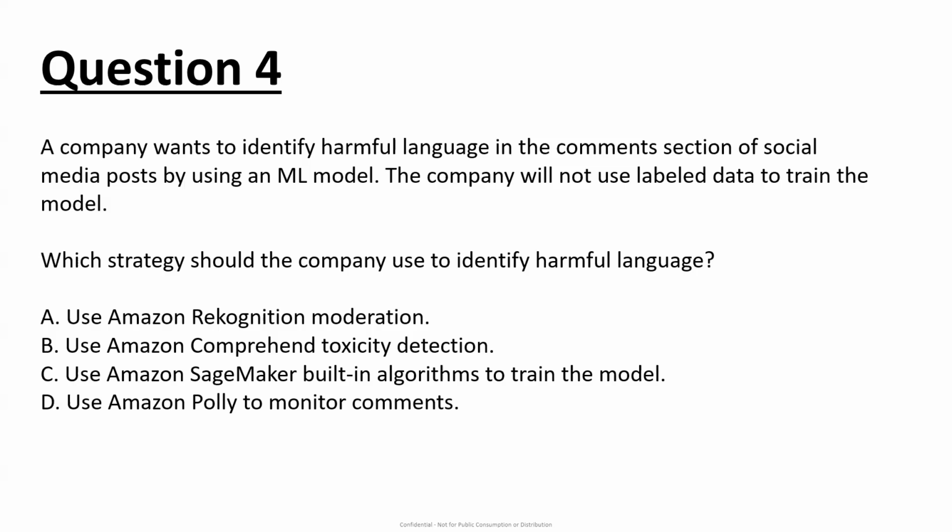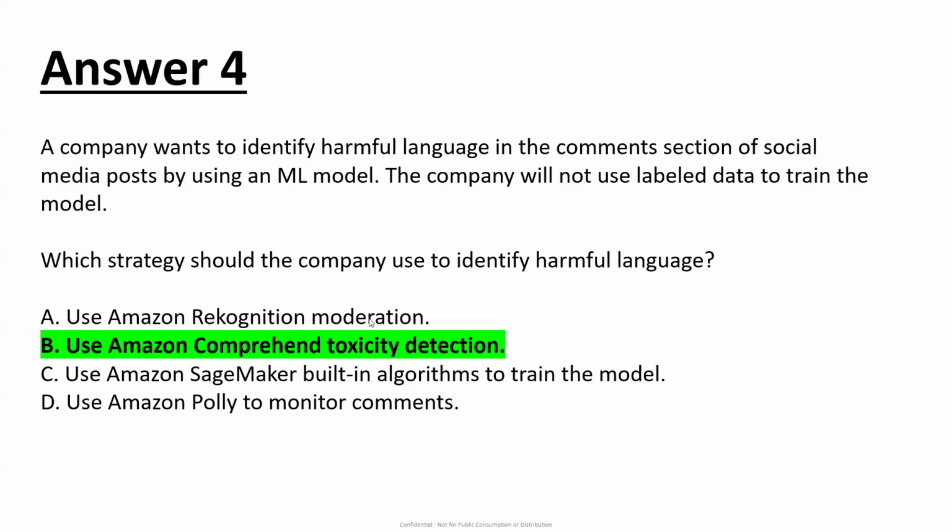So in your exam, whenever you have multiple options, think about the out-of-the-box option that the product already offers. Always look for cost saving and less development effort. That is why B should be the answer rather than Rekognition, because Comprehend toxicity detection is an inbuilt feature in AWS by which we can find out what harmful content or language has been used. So B should be the answer.